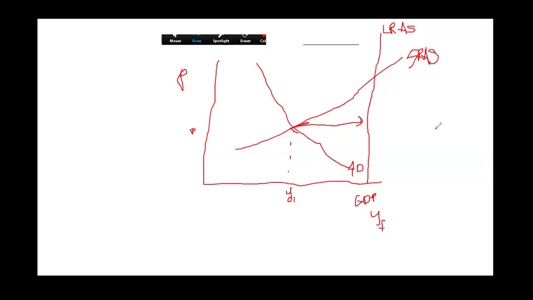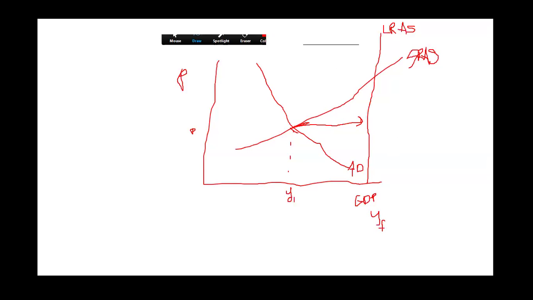Right? If we were somewhere on this side, meaning that the short run aggregate supply curve and the aggregate demand curve intersected to the right of the long run aggregate supply curve, then we'd be in an inflationary gap. This is a recessionary gap, right? And the reason it makes a difference whether you're in a recessionary gap or an inflationary gap is that it makes a difference on what policies to use.